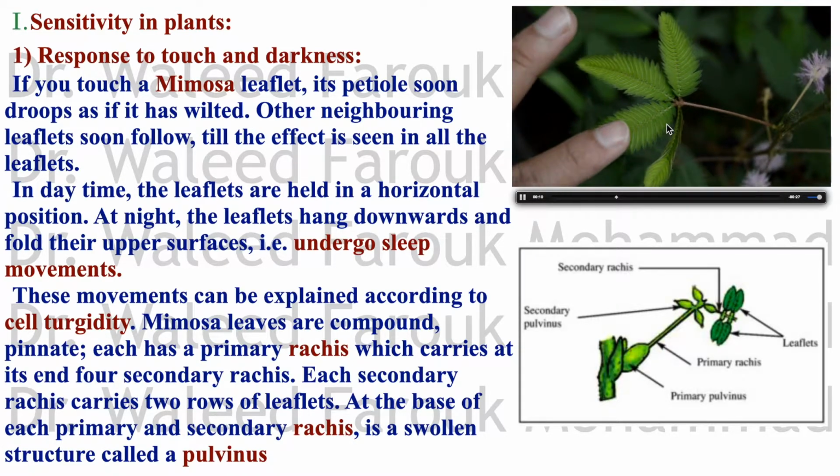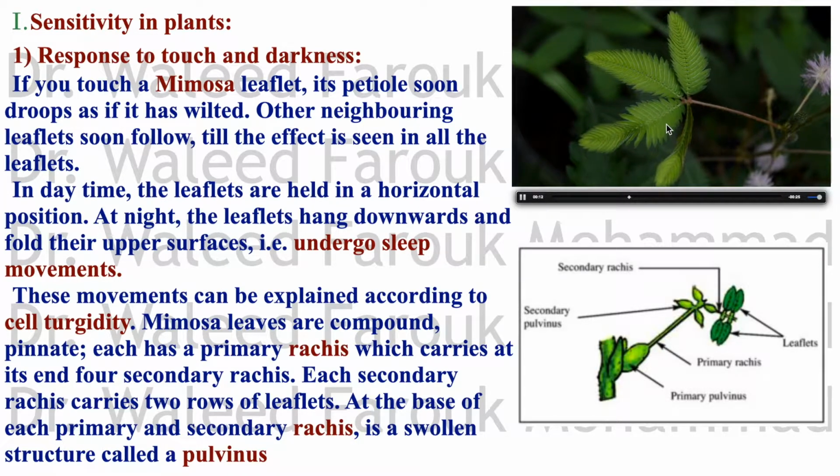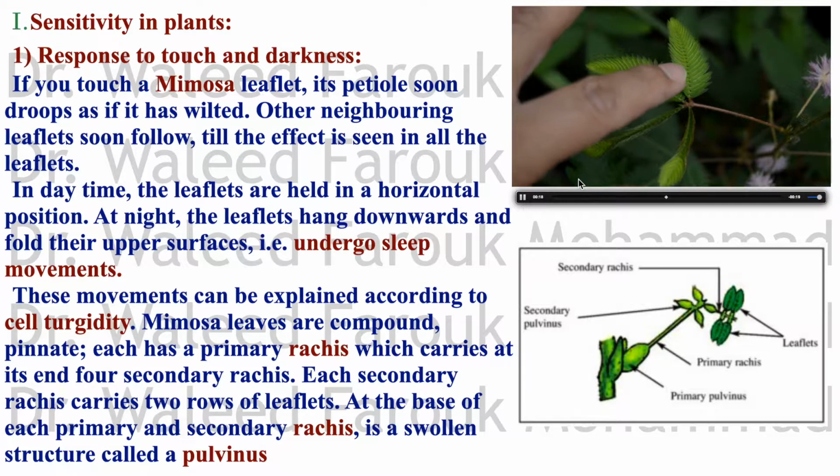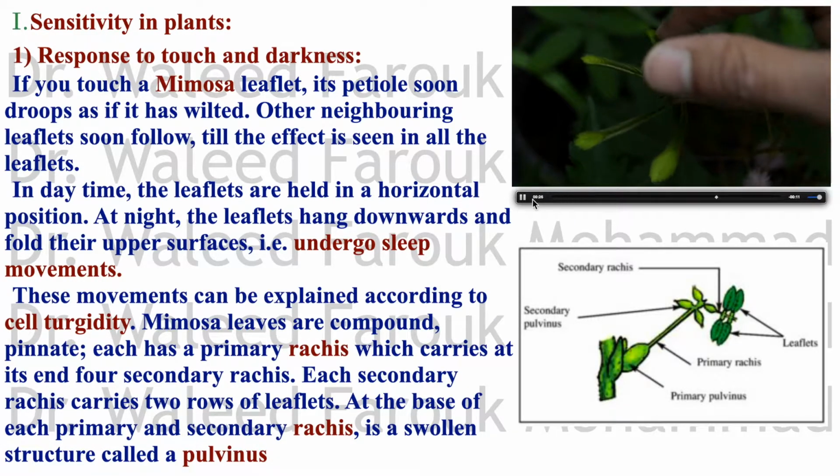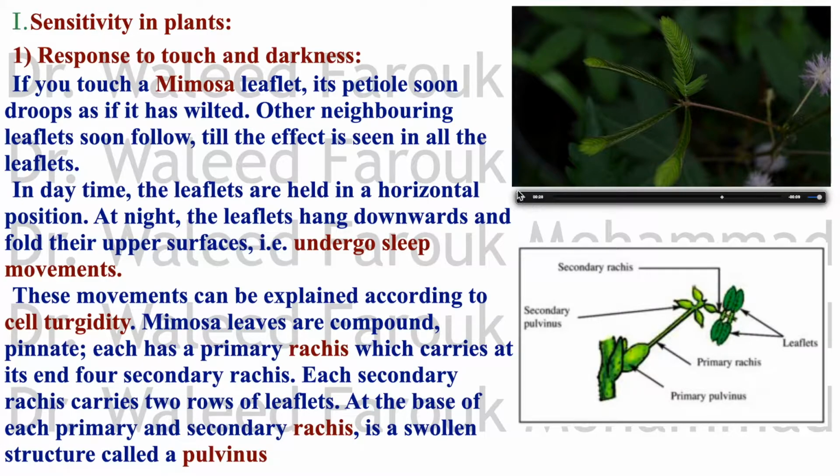See that? If the same thing happens in darkness, by the way, the leaflets change its position, its direction. And other neighboring leaflets also soon follow, till it's seen in all leaflets.